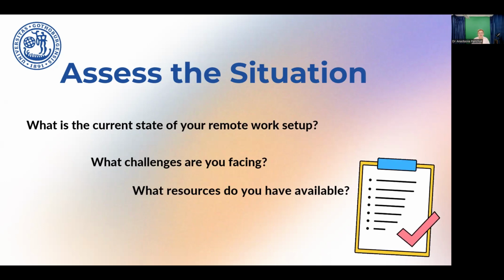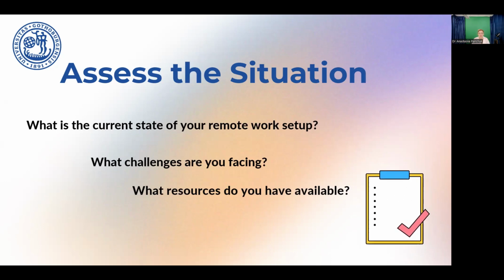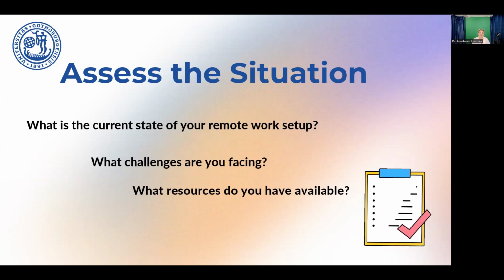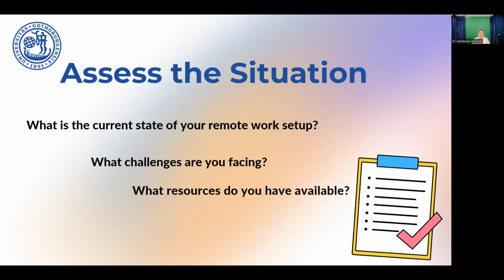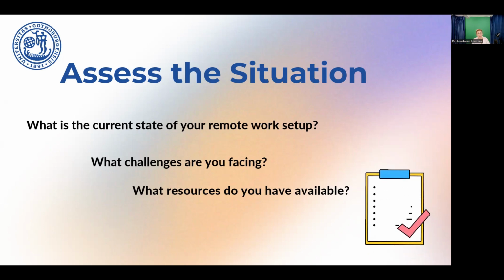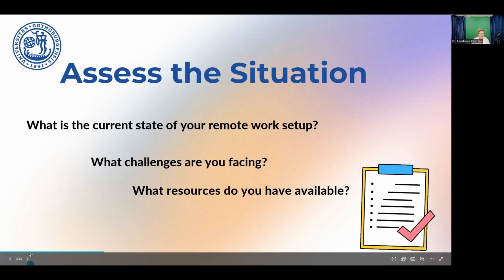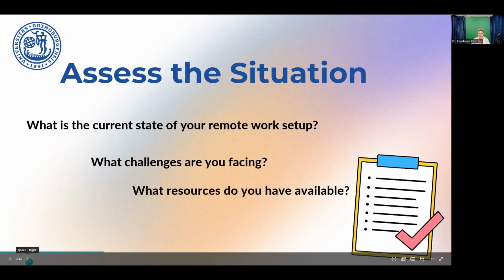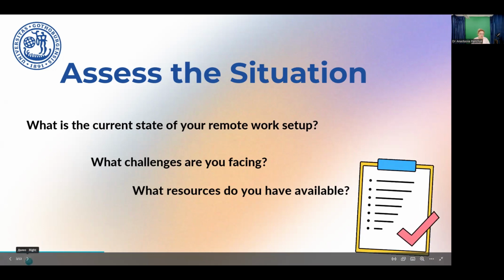Then we will need to think about what challenges could emerge while we work remotely, what kind of resources we have right now and need to have in future, or maybe what the main gaps are in these resources or technologies.